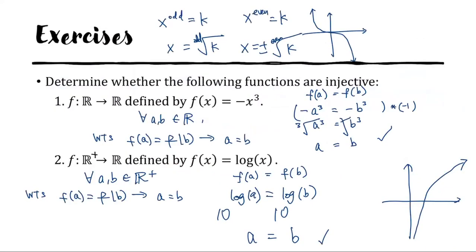Okay, so we did two examples last time, right? We start with showing f(a) equals f(b) and then end at a equals b.